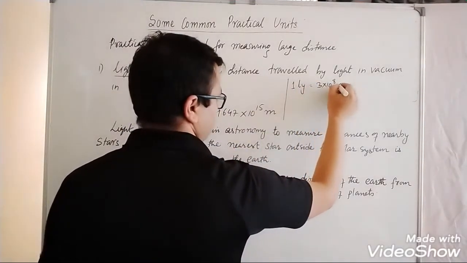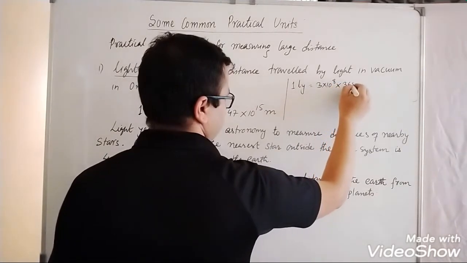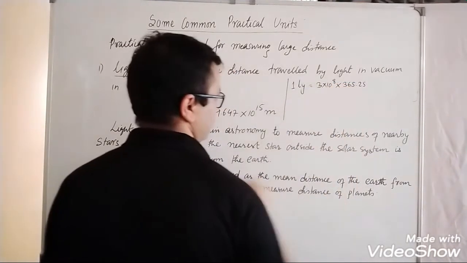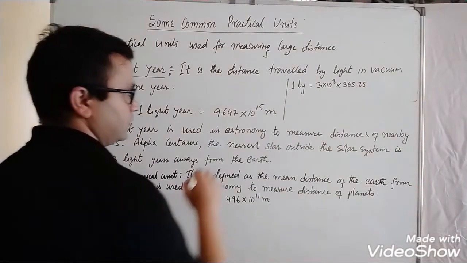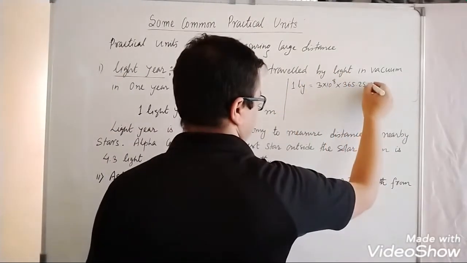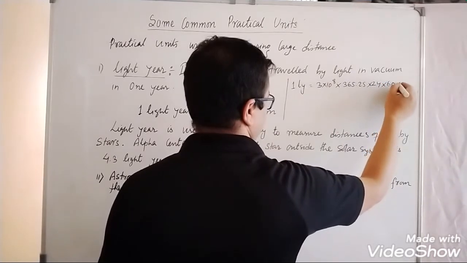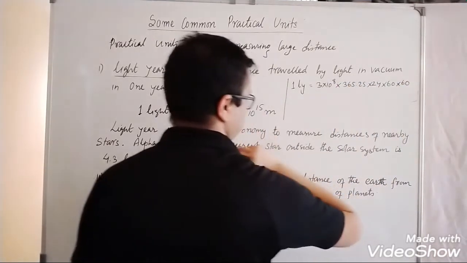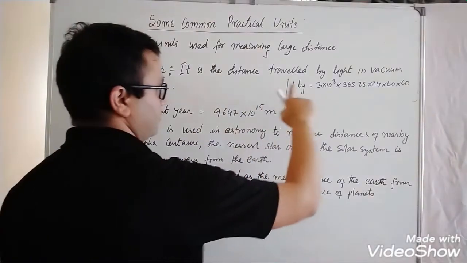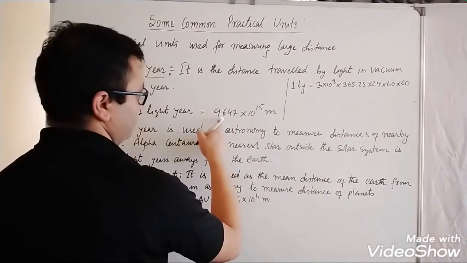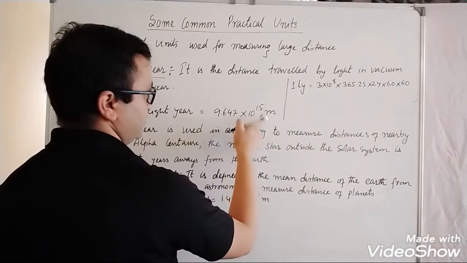Now 365.25 days, converted into hours by multiplying by 24, converted into minutes by 60, again converted into seconds by 60. If you multiply this, you will get 9.647 into 10 to the power 15 meter.